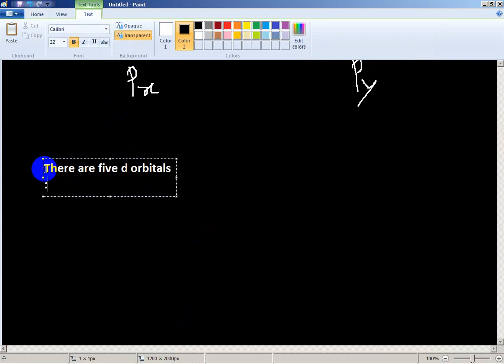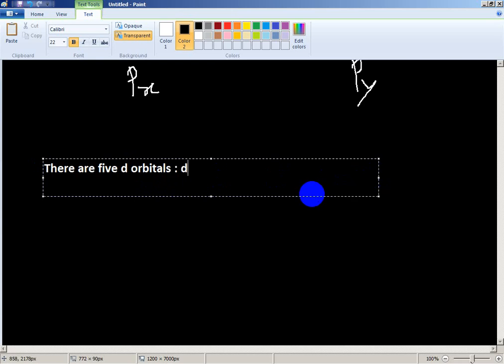What are these? dxy, dyz, dzx, dz square, dx square minus y square.